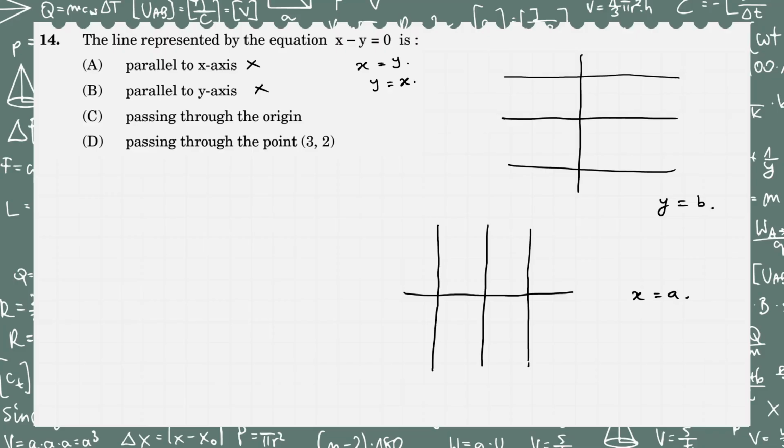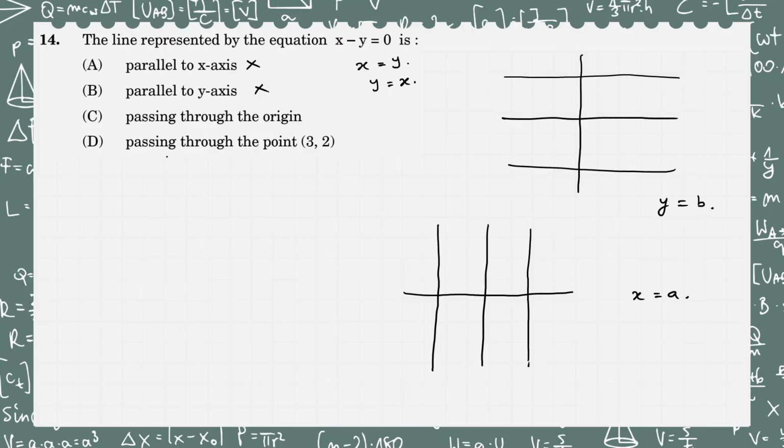Passing through the point 3, 2. Suppose if a line passes through a point, then if I put the point's value in that equation, replacing x and y, I should get the equation satisfied. I mean, my LHS's answer and RHS's answer both should be matching with each other. That is when I can say that the line passes through that particular point, right?